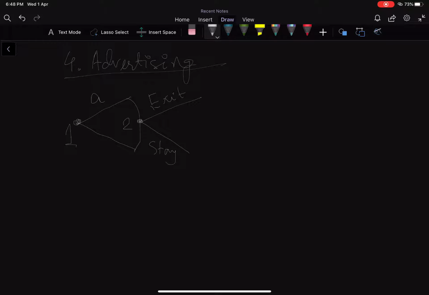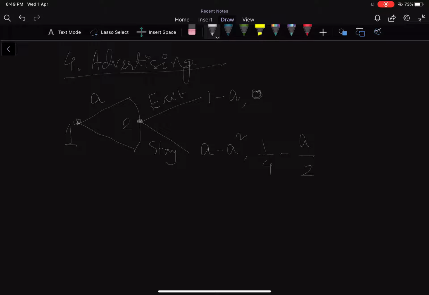If the second firm exits, then the payoff to the first firm is 1 minus A, and the payoff to the second firm is 0 due to the exit. If the second firm stays, then the first firm's payoff is A minus A squared, and the second firm's payoff is 1/4 minus A by 2.